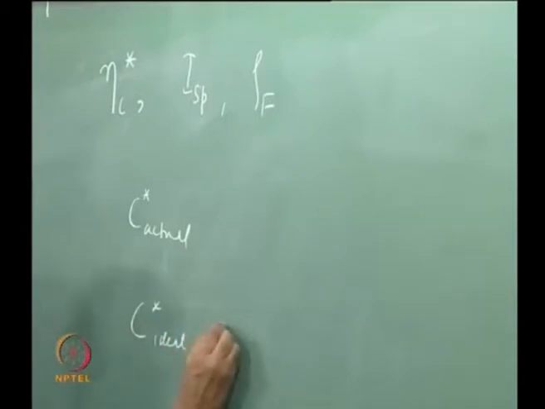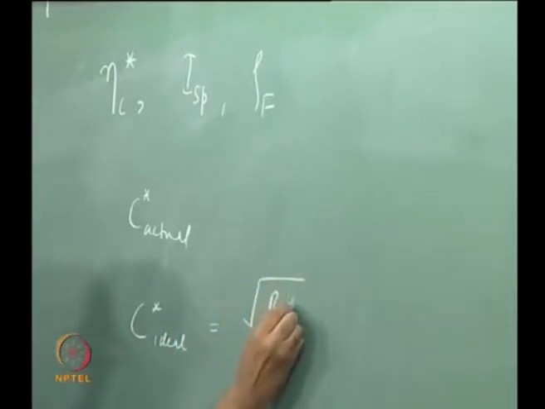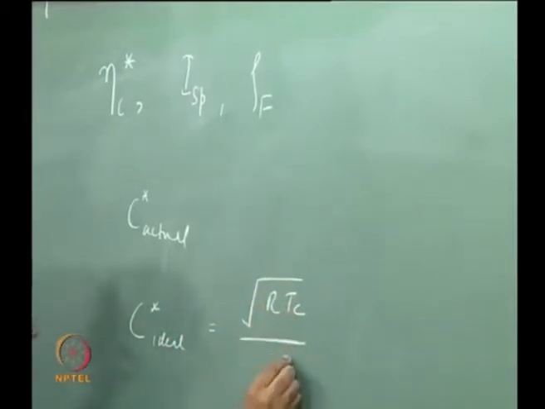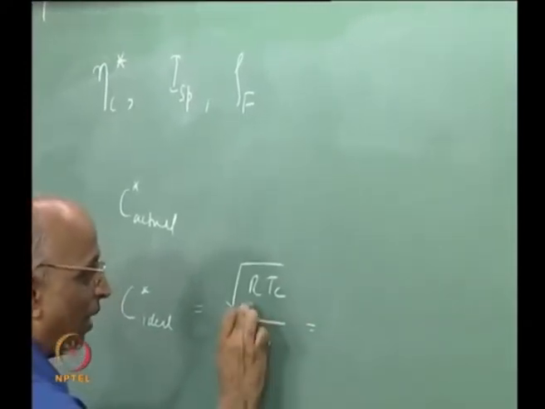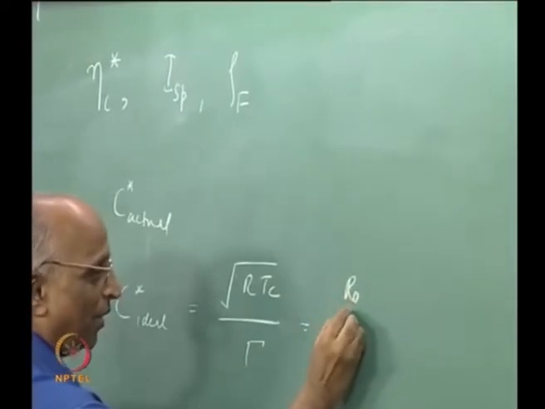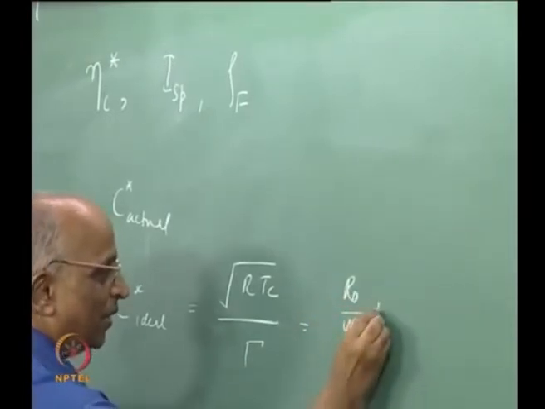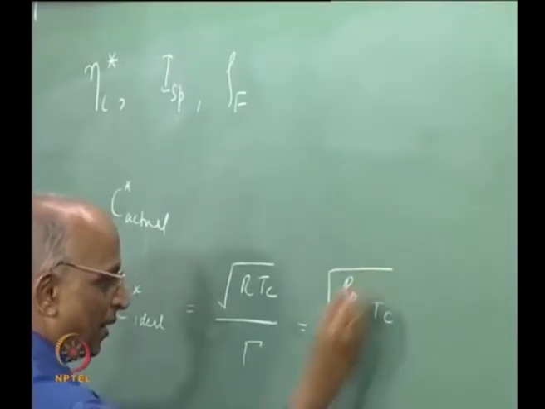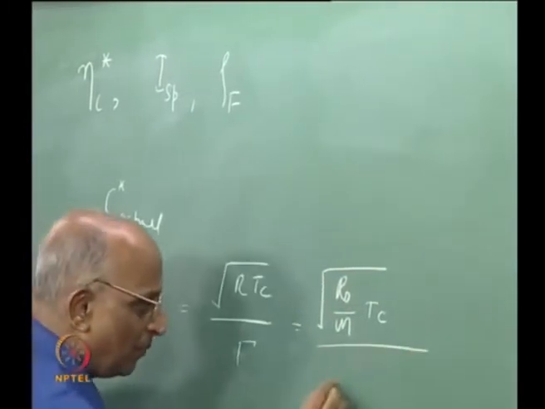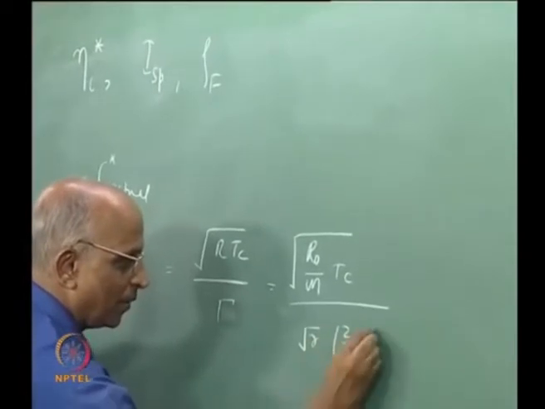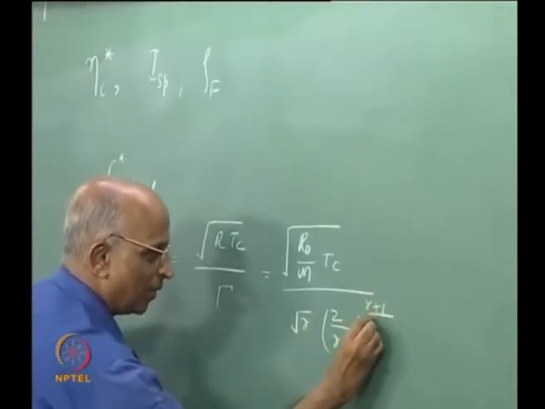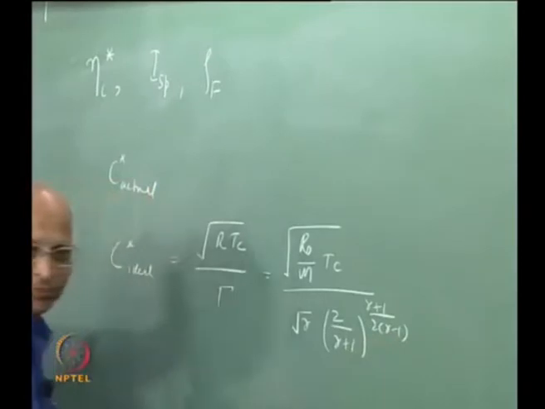Well, we already know it is equal to under root R Tc by capital gamma, and let us again substitute, R is equal to R naught divided by the molecular mass, and capital gamma is equal to under root gamma, 2 over gamma plus 1 to the power gamma plus 1 divided by 2 into gamma minus 1.